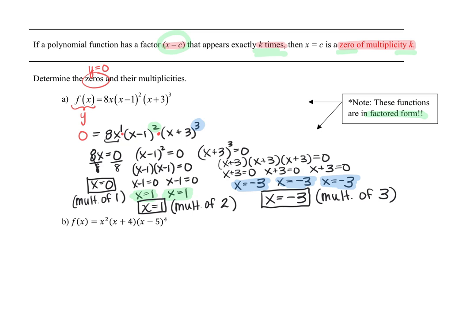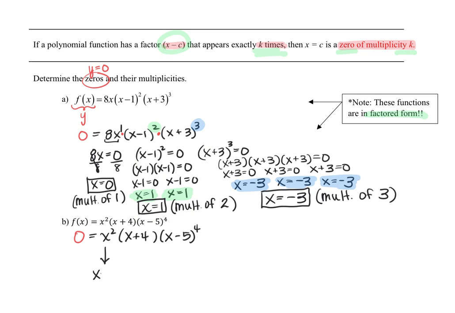So now in example B, let's try to do this more quickly and just look at the factored form and determine the zeros and their multiplicities straight from the factored form. So once again, if we're setting y equal to 0 to find our zeros, then we're solving this equation. And because it's in factored form, we're able to see the zeros and the multiplicities very quickly. So my first factor is the x squared.